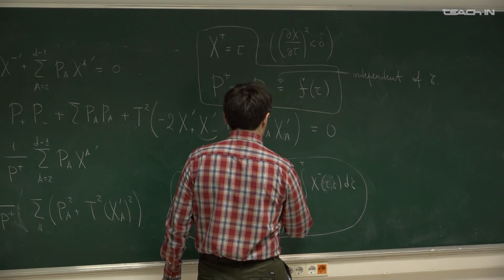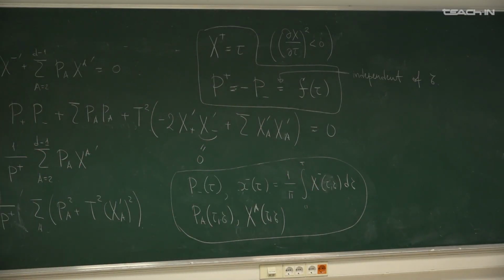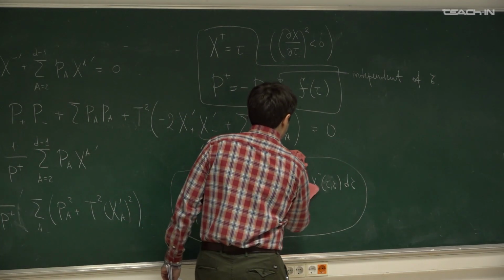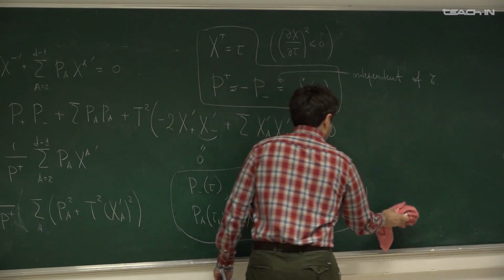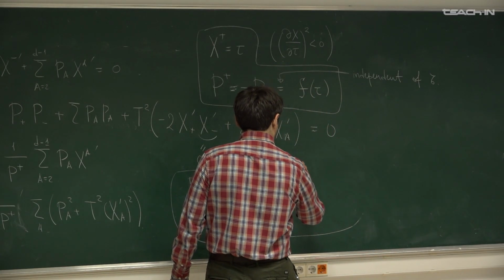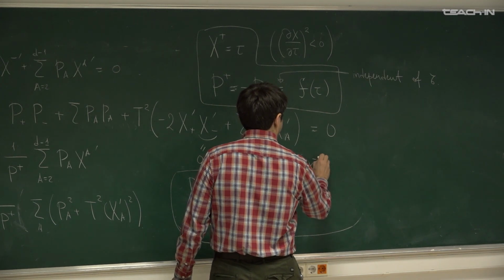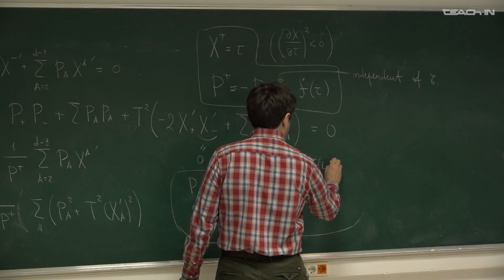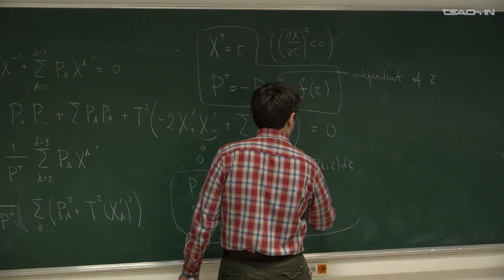More exactly, maybe I'll write, there is a small difference in open and closed case, because remember, sigma goes from 0 to pi or 0 to 2 pi. So x minus of tau is 1 over pi, integral of x minus of tau sigma d sigma from 0 to pi.